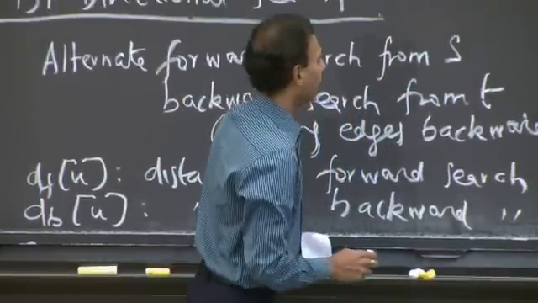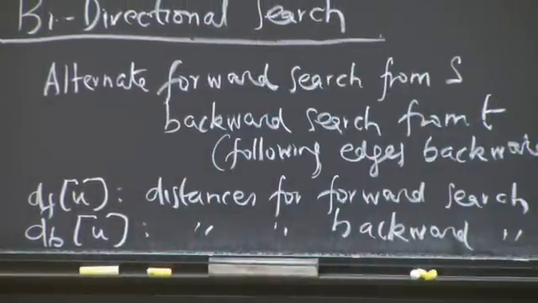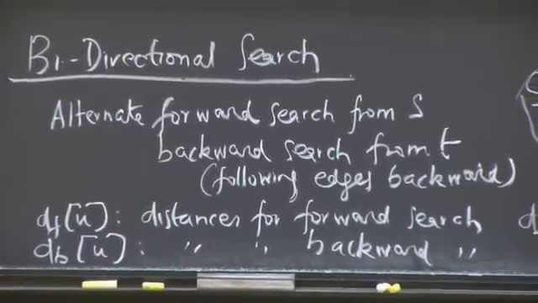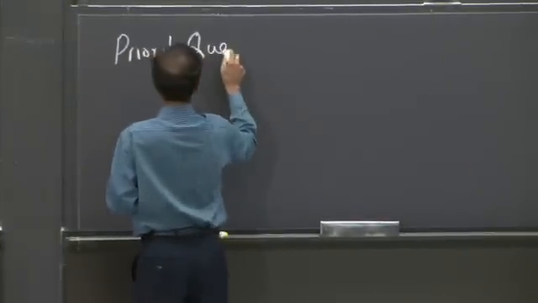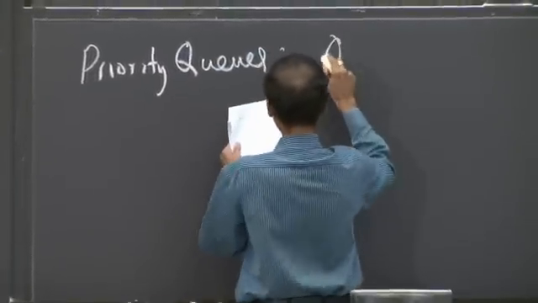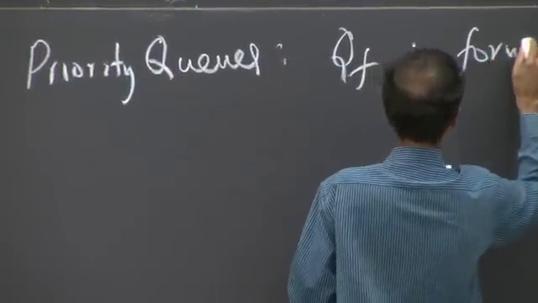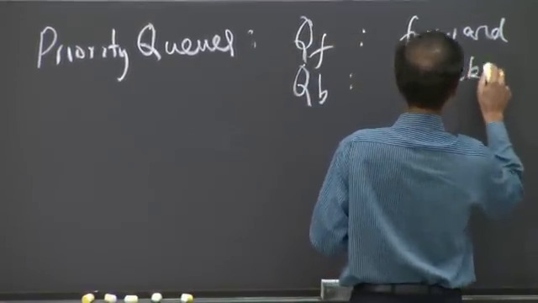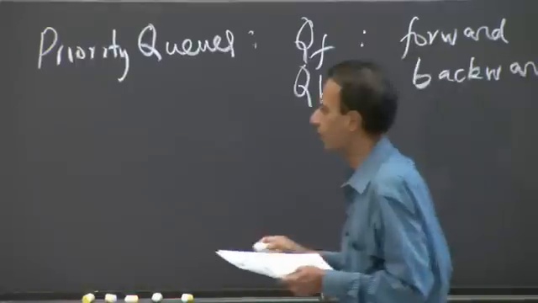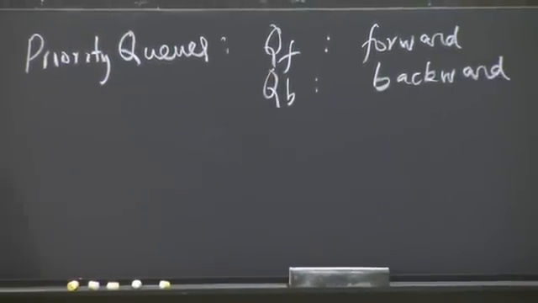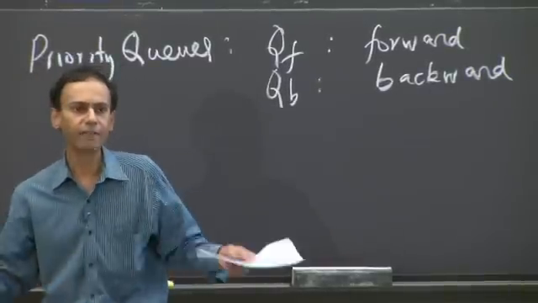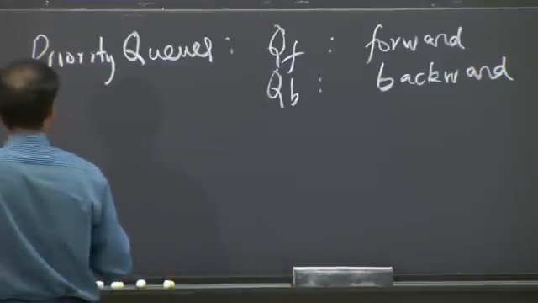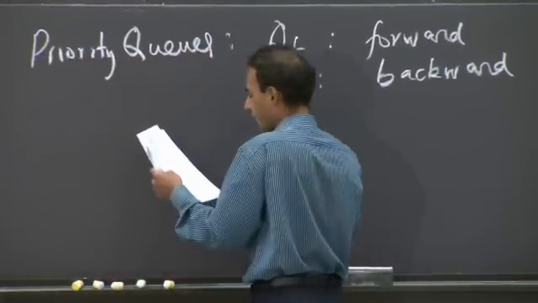And of course, we're going to have priority queues, plural, Q_F corresponding to the forward search, and Q_B corresponding to the backward search. And in initialize, as I said before, we're going to initialize D_F of S to be 0 and D_B of T equals 0, and everything else, the D_F's and the D_B's, are going to be infinity. All right? Okay, great. So that's what we have here.